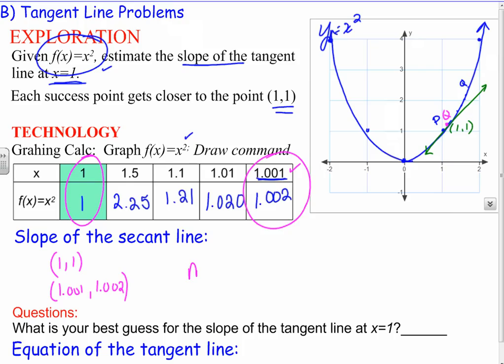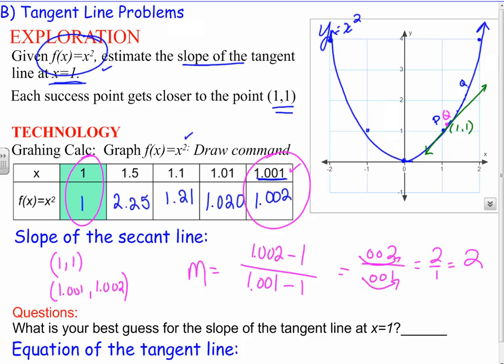Okay, that means that I can calculate a slope. y sub 2 minus y sub 1 over x sub 2 minus x sub 1. If I subtract on the top, I'm left with 0.002. If I subtract on the bottom, I'm left with 0.001. If I multiply them both by 1,000, I'm left with 2 over 1, which gives me a slope of 2.